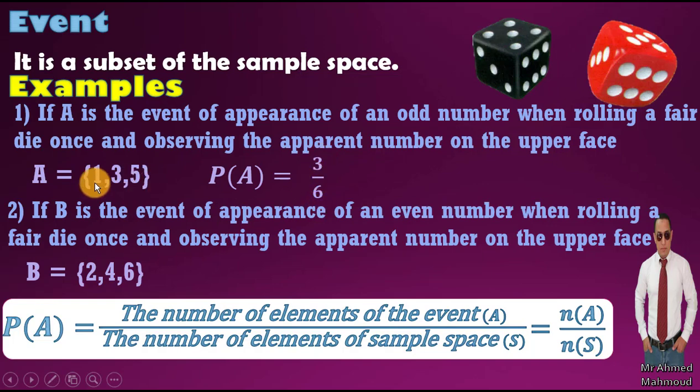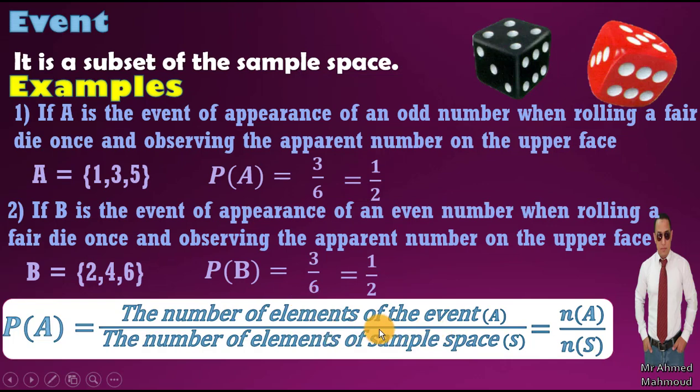Why 3? Because A includes 1, 3, 5, three numbers, and the sample space includes 6 faces. So I have 3 over 6, which is 1 over 2. Another example: the probability of the event B. I have 1, 2, 3 elements out of 6 elements, so it is 3 over 6, which is 1 over 2.